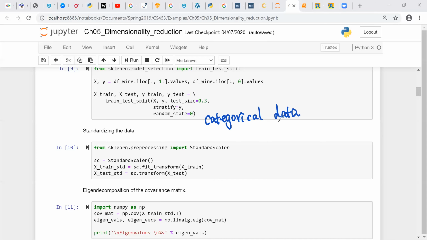For categorical data, there are two approaches to deal with it. Do you remember? One is called imputing.